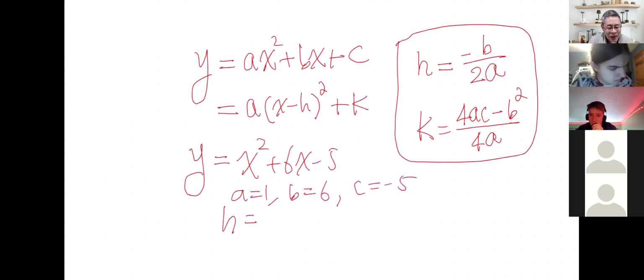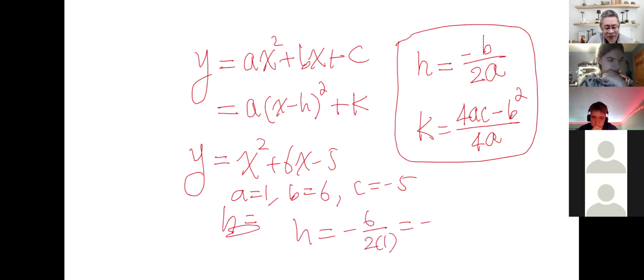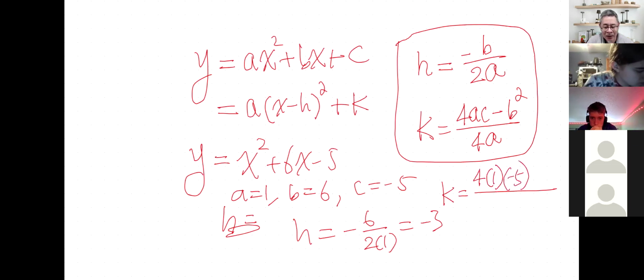Therefore, our h is minus b, which is 6, over 2a, which is 2. That gives us -3. And our k is 4ac, with a as 1 and c as -5, minus b squared, with b as 6, over 4a.